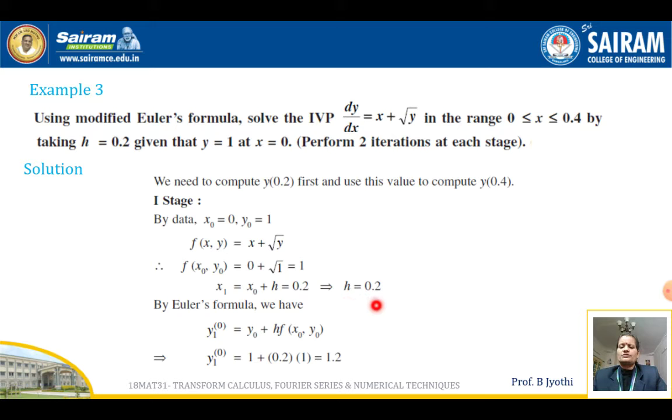So, h is 0.2. First of all, we have to apply the Euler's formula, which is given by y1 of 0 is y naught plus h into f of x naught y naught. So that is 1 plus 0.2 into 1, that gives us 1.2. This is where Euler's formula is used. So we got the value as 1.2.